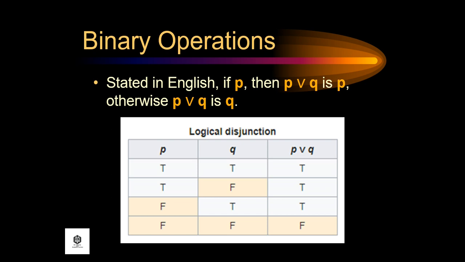Stated in English, if P, then the logical disjunction is P, otherwise the logical disjunction is Q. The truth table for logical disjunction is T or T is equal to T, T or F is equal to T, F or T is equal to T, and F or F is equal to F.